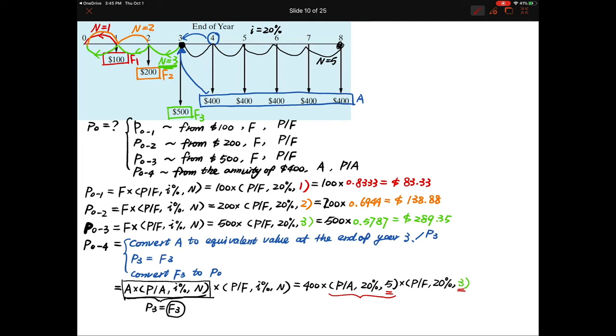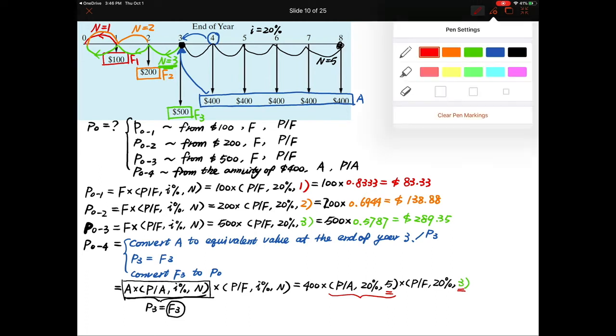The annuity equation only converts the annuities back to 1 year before it begins. So you already have 4-year annuities, and 1 year before plus another 4 years is 5 periods. So this is 5.